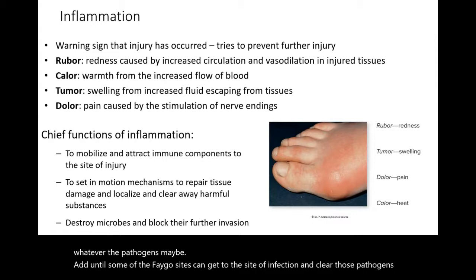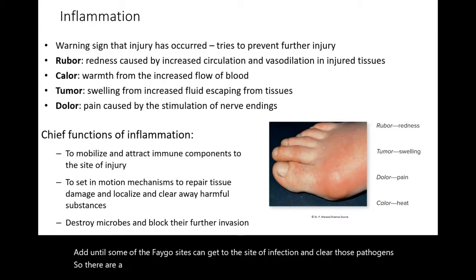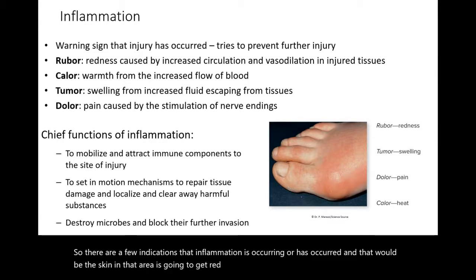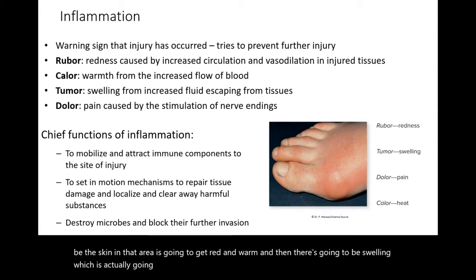So there are a few indications that inflammation is occurring or has occurred, and that would be the skin in that area is going to get red and warm, and then there's going to be swelling, which is actually going to be what causes the pain as well.